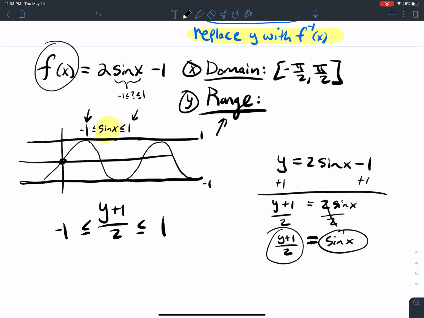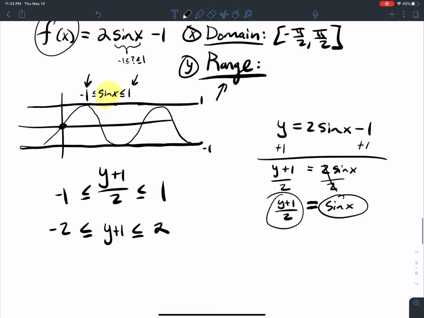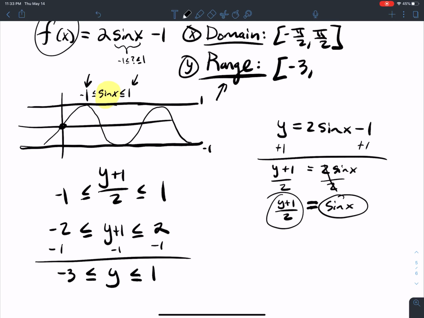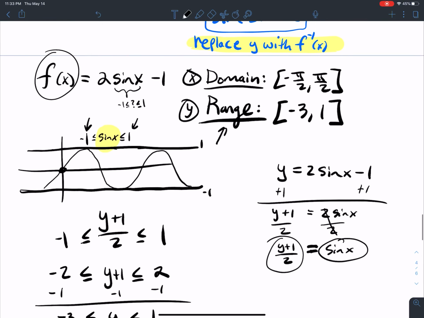Multiply through by 2, I get negative 2 less than or equal to y plus 1, less than or equal to 2. Subtract 1 throughout, I get negative 3 less than or equal to y, less than or equal to positive 1. So that tells me the range is negative 3 to positive 1.